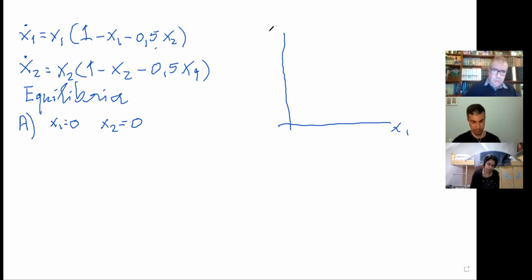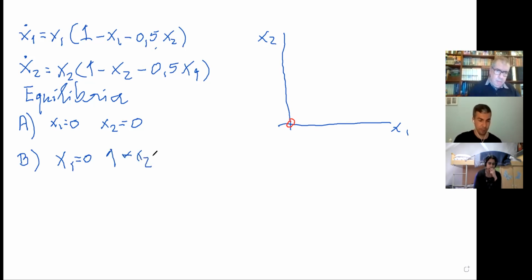That's point A. Then we have x1 equal to 0 and x2 equal to, from the full expression, 1 minus x2 minus 0.5 times 0 equal to 0. So x2 equal to 1.